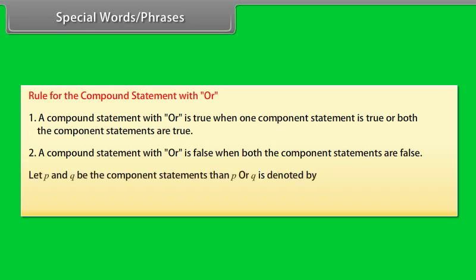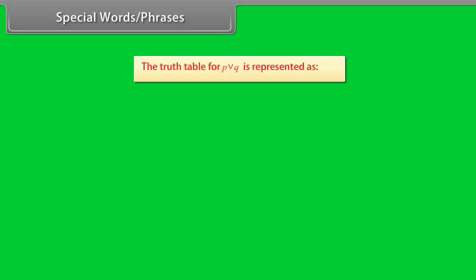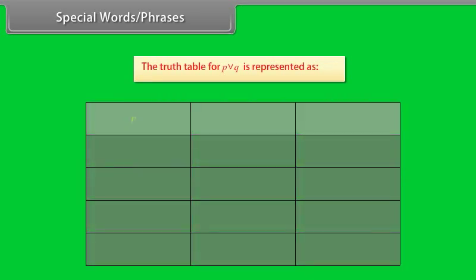Let P and Q be the component statements, then "P or Q" is denoted by P ∨ Q. The truth table for P ∨ Q is represented as: for P true and Q true, P ∨ Q is true. For P true and Q false, P ∨ Q is true. For P false and Q true, P ∨ Q is true. For P false and Q false, P ∨ Q is false.